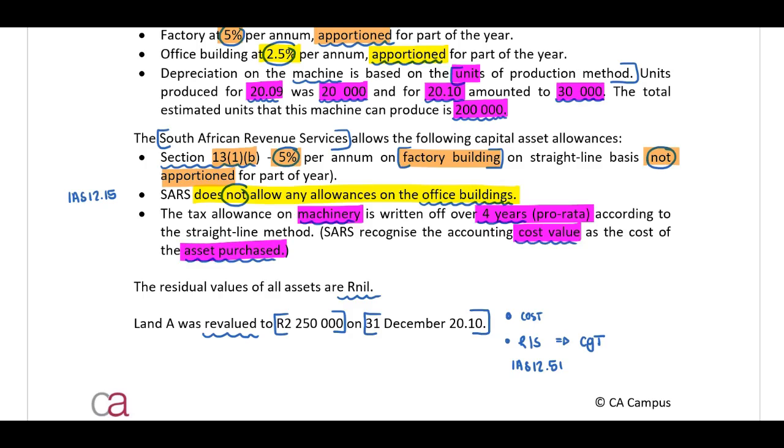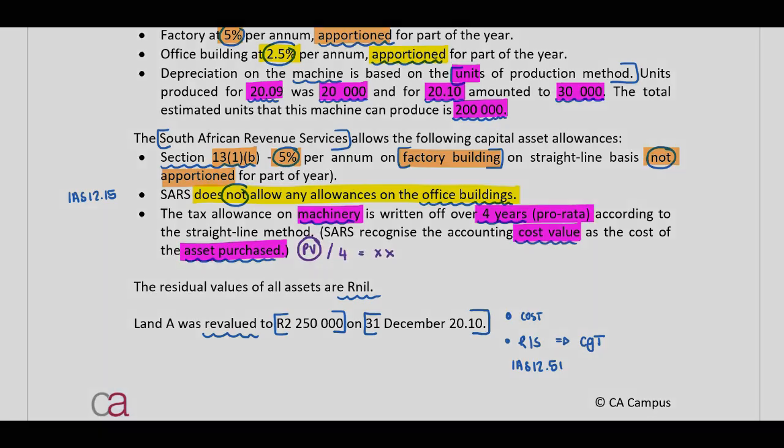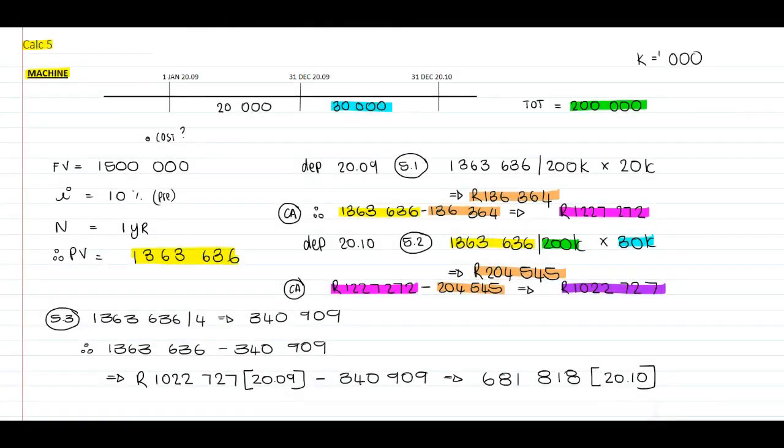Because our accounting cost value was the present value that we have calculated. Therefore, we need to use our cost divided by 4, and this will be our tax allowance amount. I've included calculation 5.3 on the left side of your screen. It's our cost divided by the 4 years.